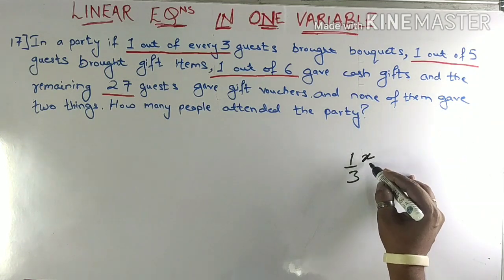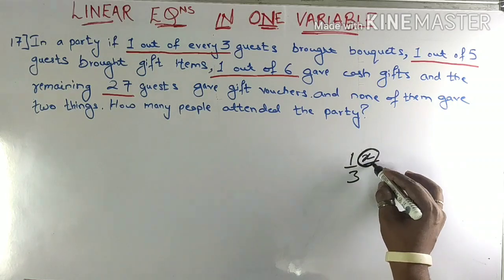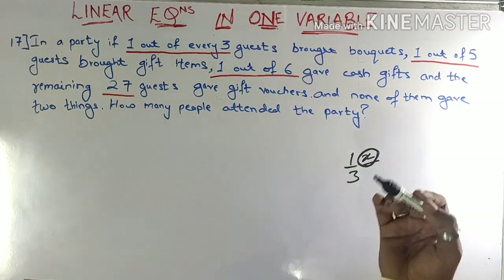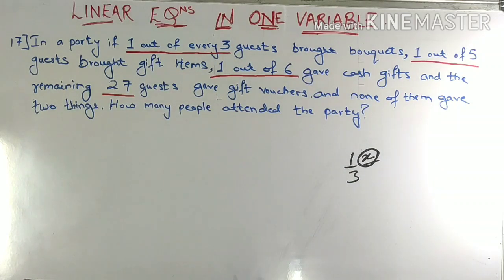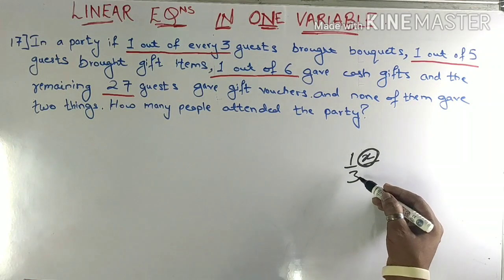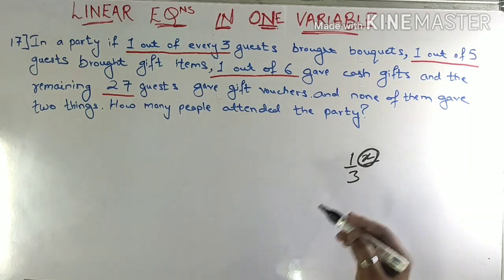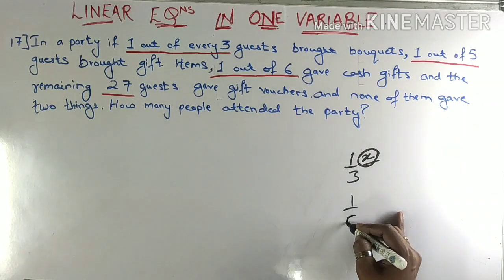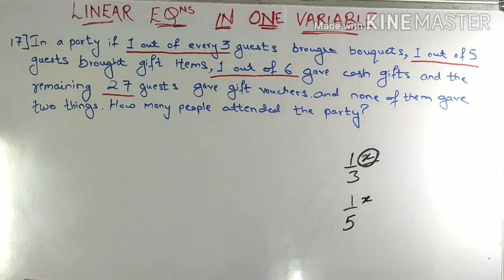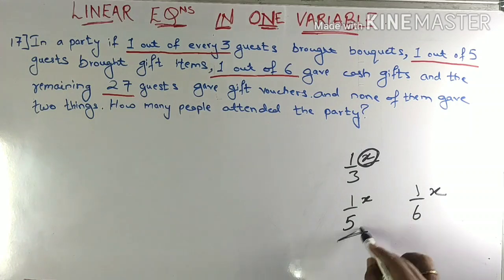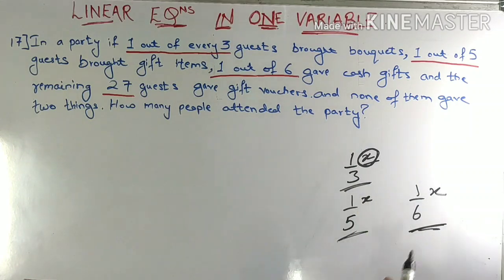The total guests would be unknown, and we have made it a habit of keeping the unknown as an alphabet. So 1 out of 3 number of guests, that is x, 1 out of 5 number of guests, and 1 out of 6 number of guests. So these are the 3 terms or parts of the algebraic expression that we will be having.